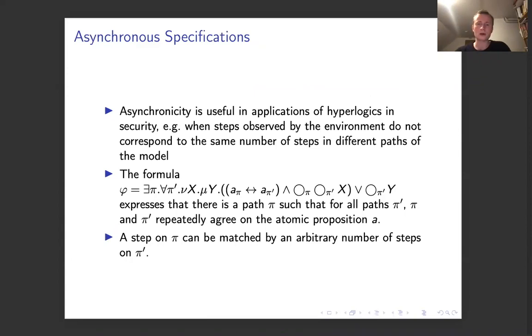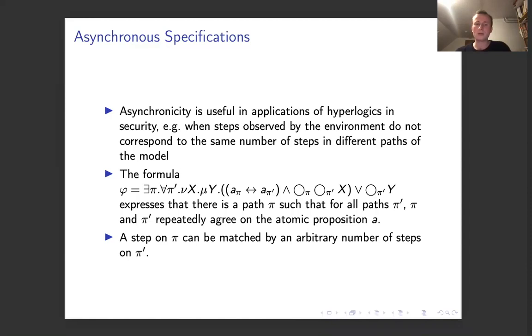Now, since this talk is about asynchronous hyperproperties, we want to explore how asynchronicity is useful in applications of hyperlogics. A very common scenario is that we are given an actual real-world system and an abstraction of that system, meaning a model, and steps on different traces of the abstraction do not correspond to the same number of steps in the underlying system.